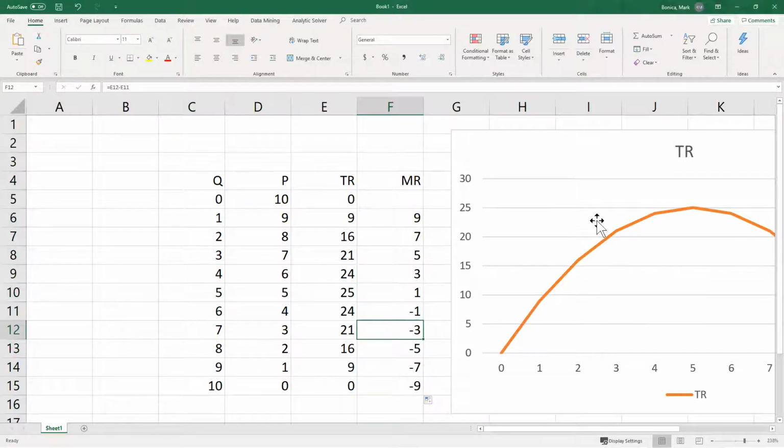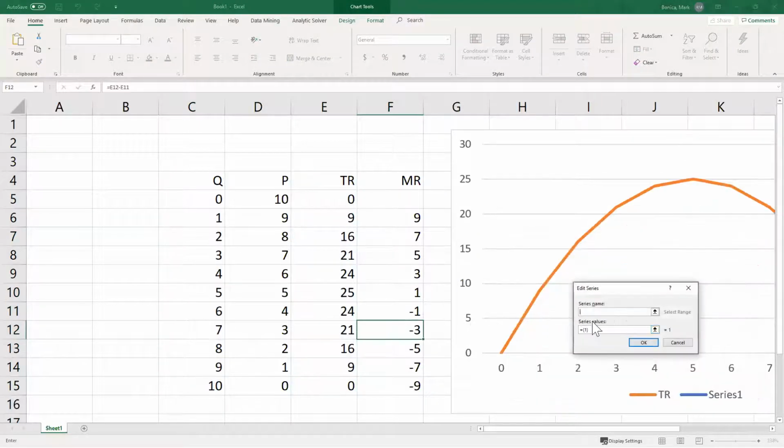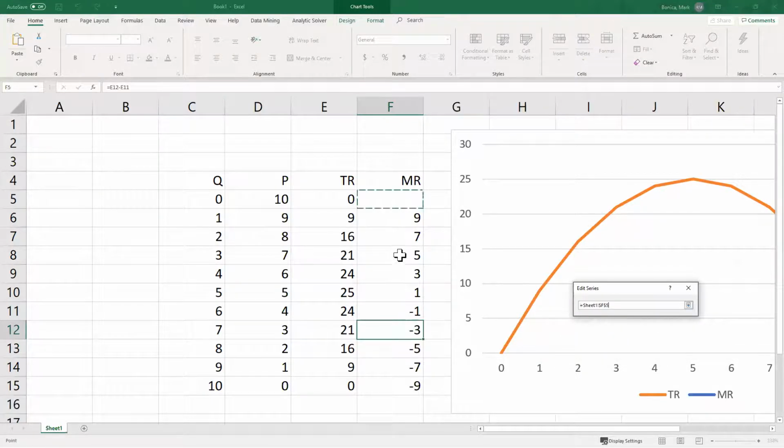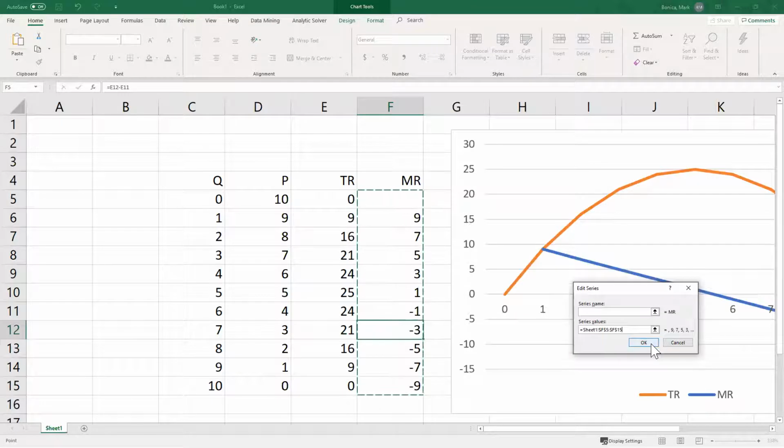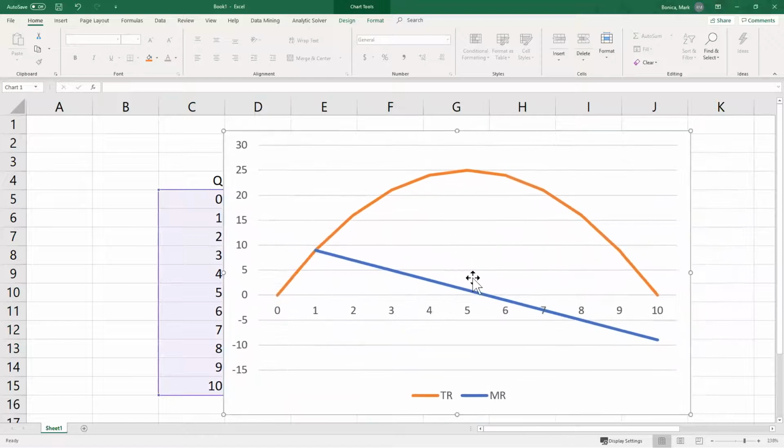So if we were to add this to the graph, let me see, add MR. What you see is, you can see this is the 0 line, it actually goes negative.